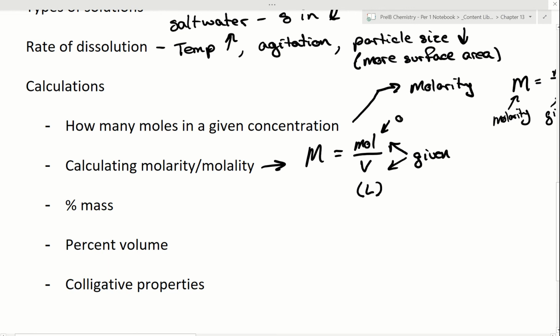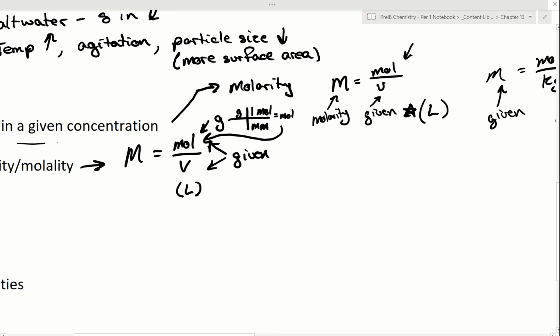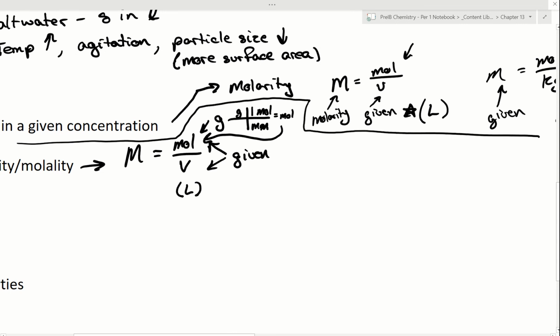Moles might be given in grams, and then you have to convert grams using the molar mass, 1 mole, to find moles, and then that moles would be plugged in here. All right, so that's kind of a different type of problem that you might come up against there. So just keep that in mind.